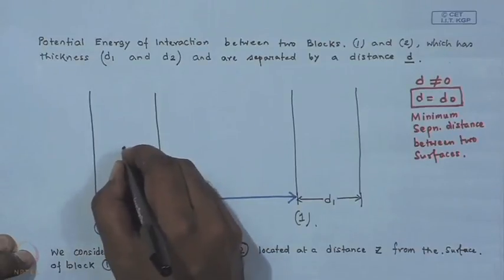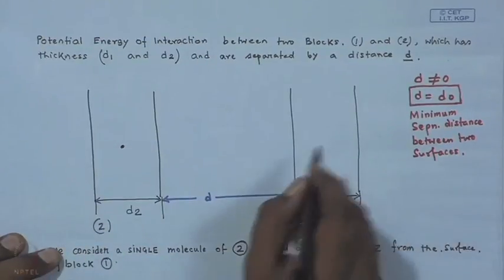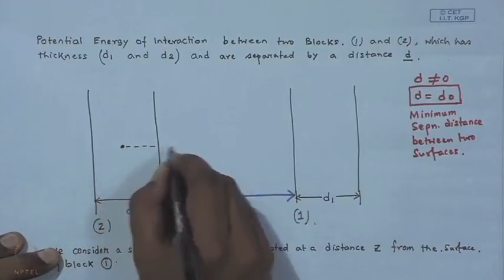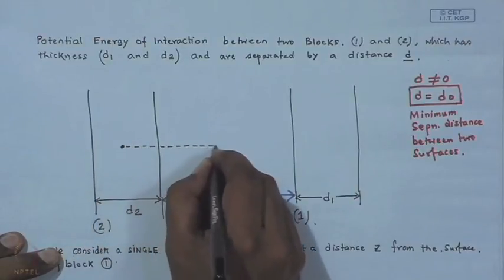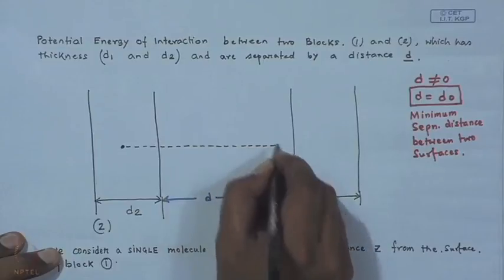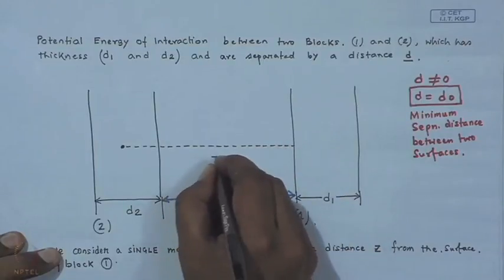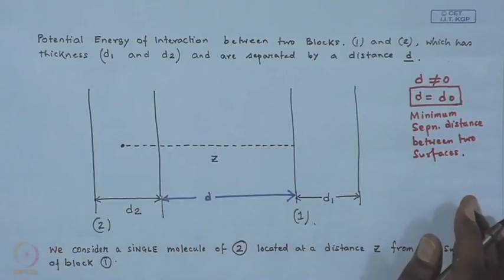So, let us say this is one molecule which we consider, and this distance is z. Okay.